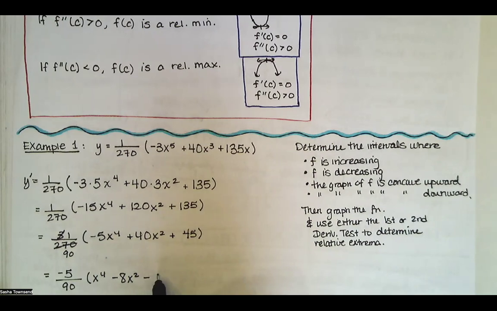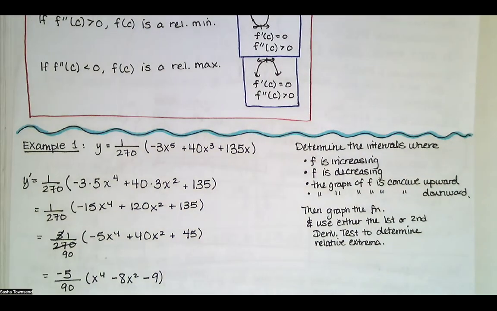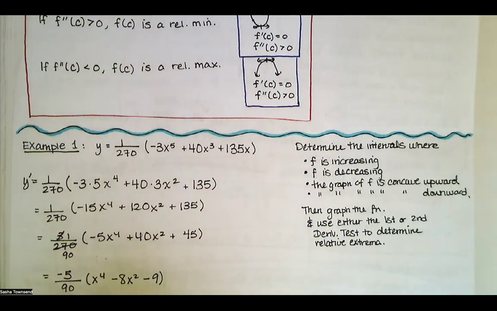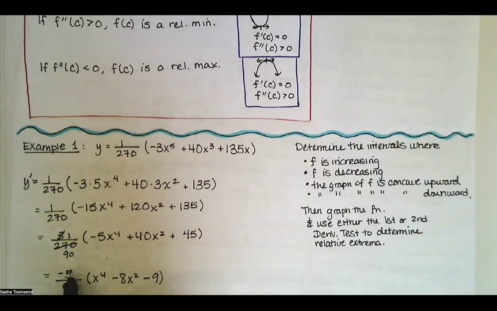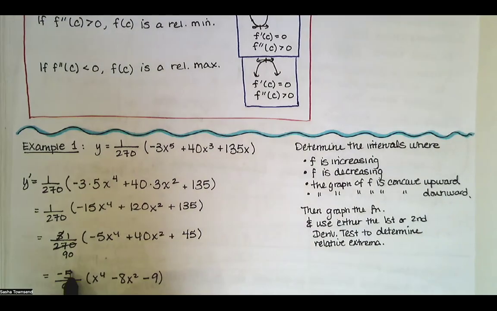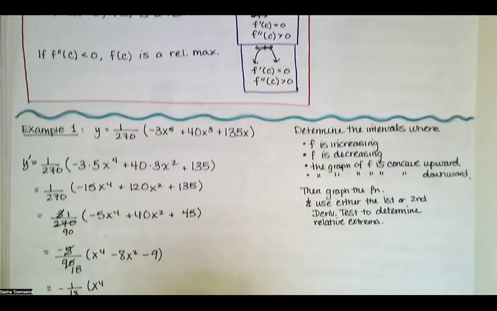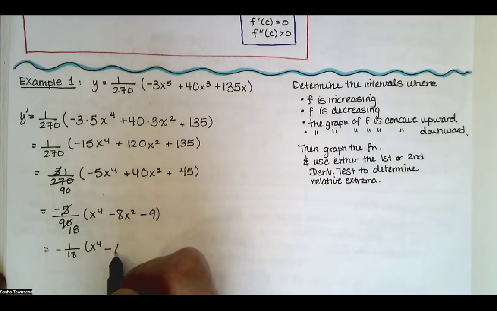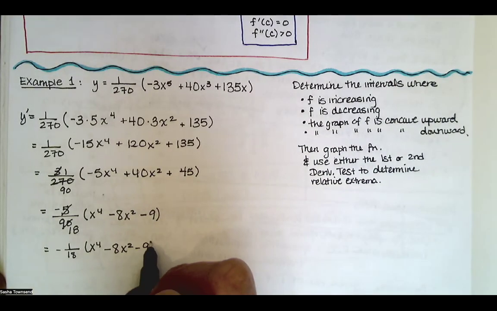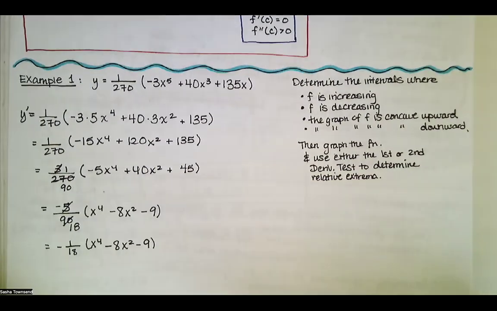And -5 times -9 would give us that 45. So we've got this. And 5 goes into 90, 18 times. So we end up with -1/18 times x to the 4th minus 8x squared minus 9. So that's our y prime.